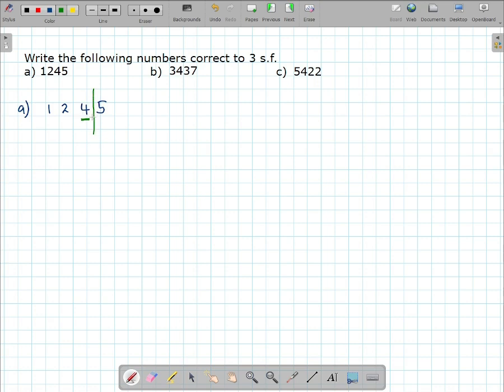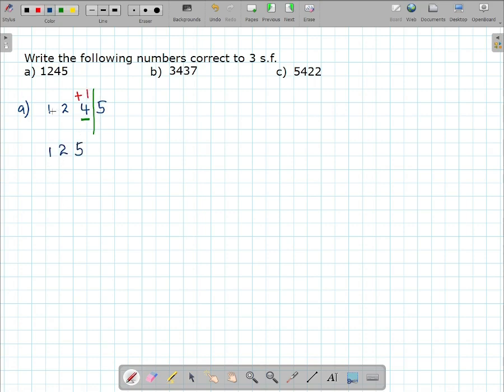So we check the digit right after the separation. If it is 5 or more, we add 1 to the underlined digit. Right after the separation it is 5, so we add 1 to the underlined digit.